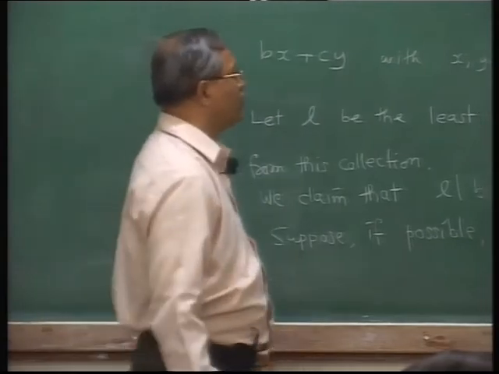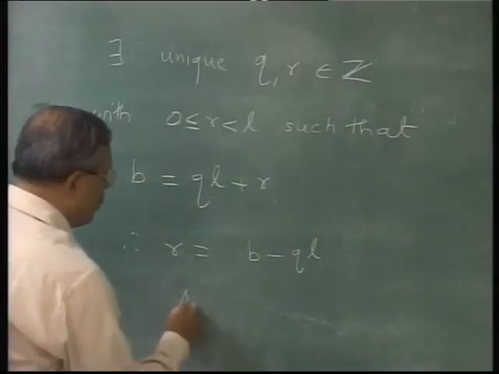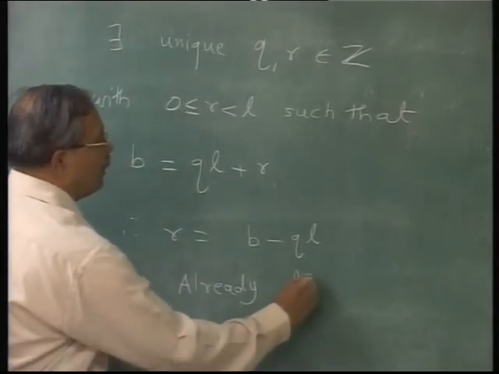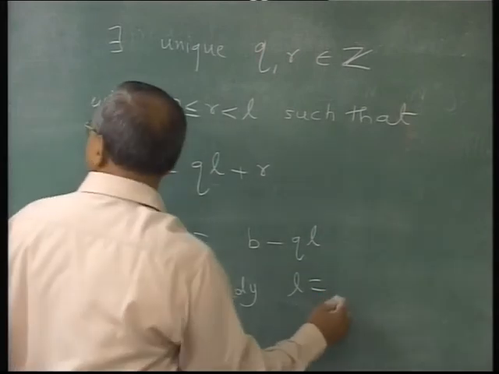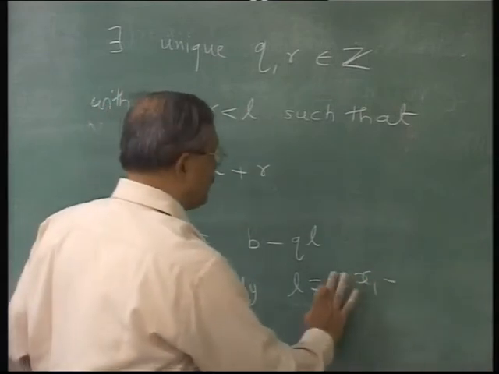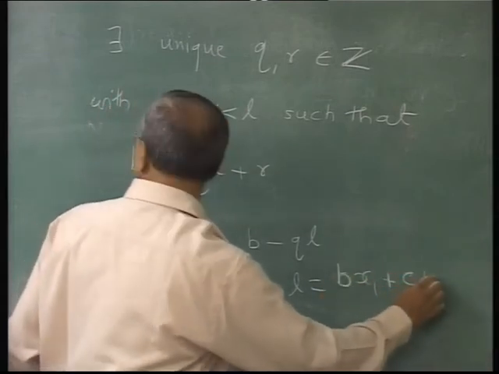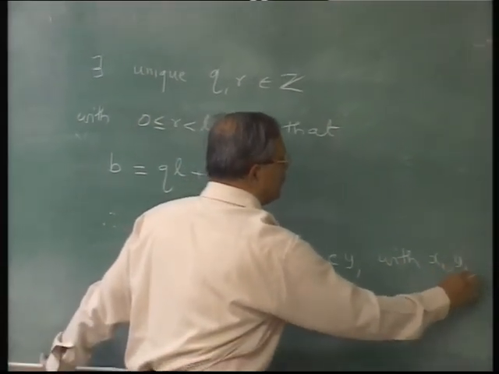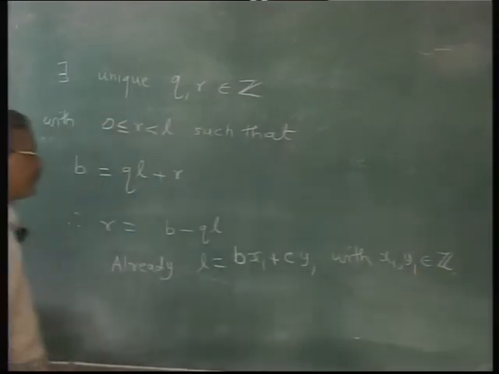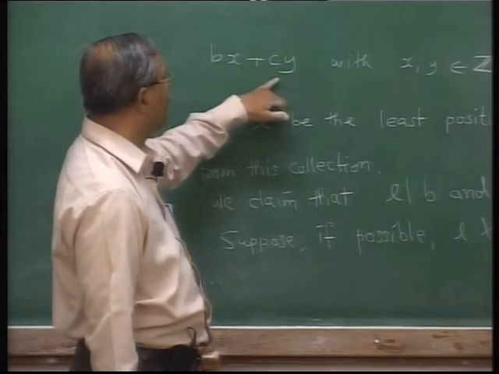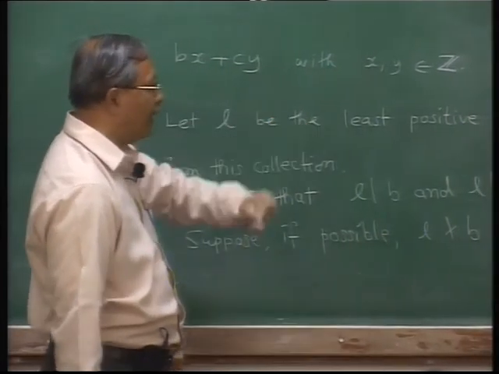So already L equals Bx1 plus Cy1 with x1, y1 belonging to Z. You can write L because L was already in this collection. So it's a combination of B and C.